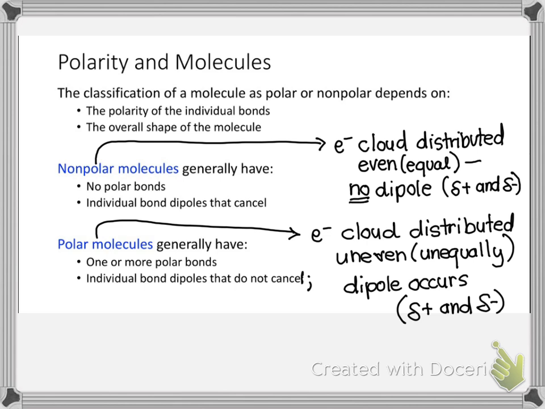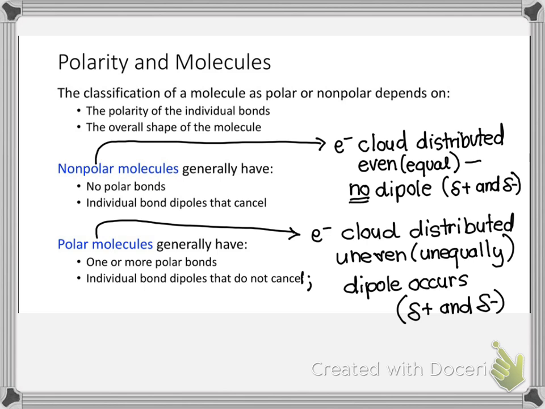Remember from ionic bonds, opposite charges attract and like charges repel. So molecules that have a plus and a minus, a dipole, will attract each other, the pluses and the minuses. And so you get interactions between molecules that have dipoles. It's important for how molecules interact with each other whether they're nonpolar or polar.